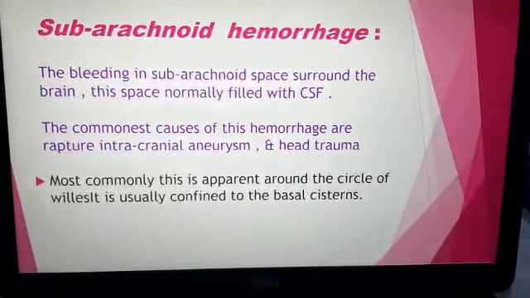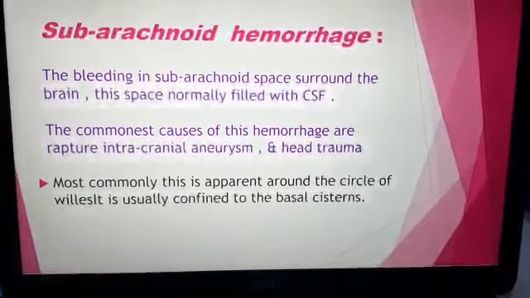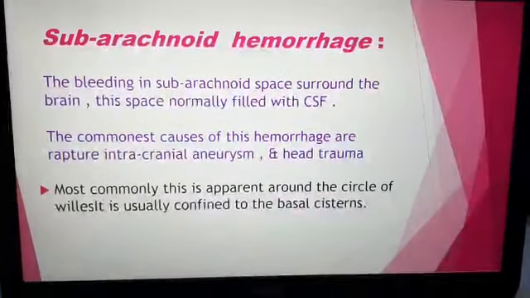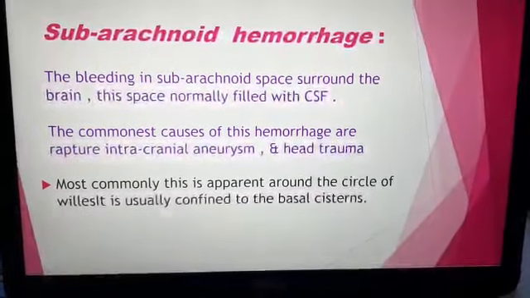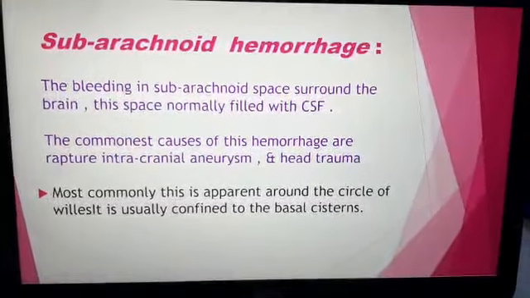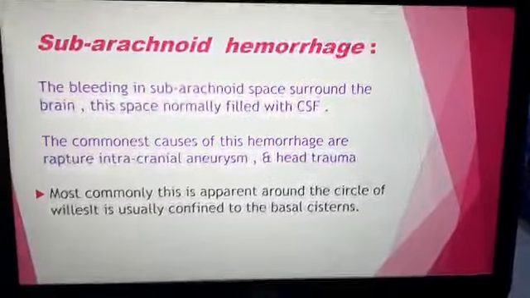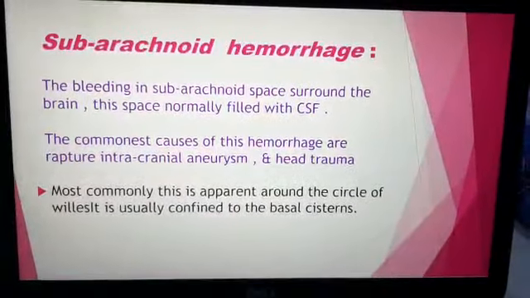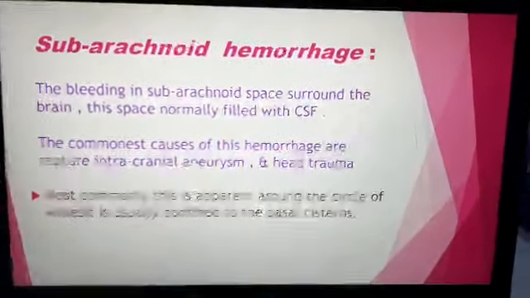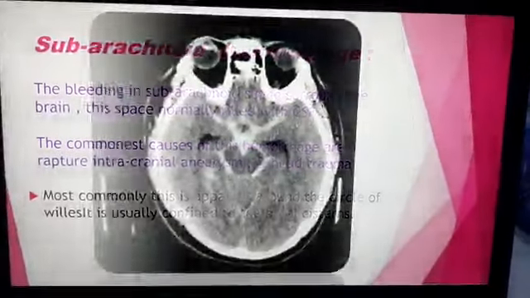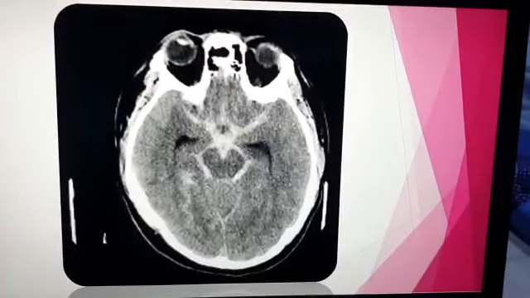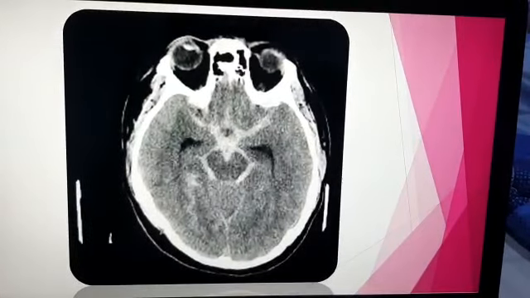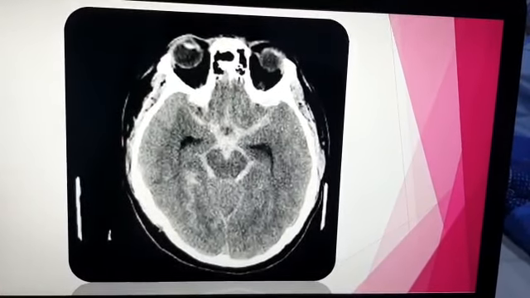So this type of hemorrhage is difficult to diagnose because it appears as just a hairline, hyperdense, gyriform area surrounding the brain. But we can easily diagnose subarachnoid hemorrhage when it collects in the basal cisterna. This is the basal cisterna. The subarachnoid hemorrhage collects around the circle of Willis in the basal cisterna.